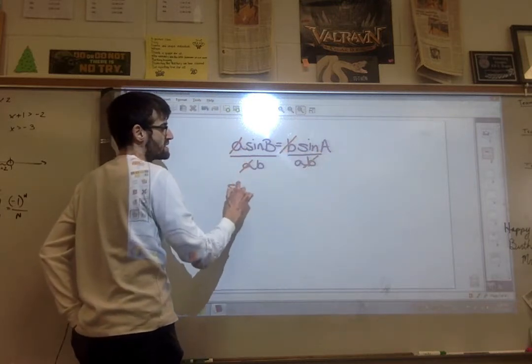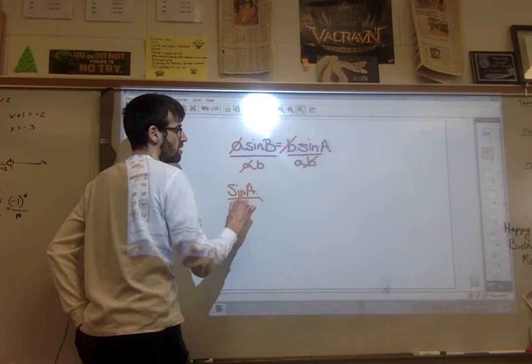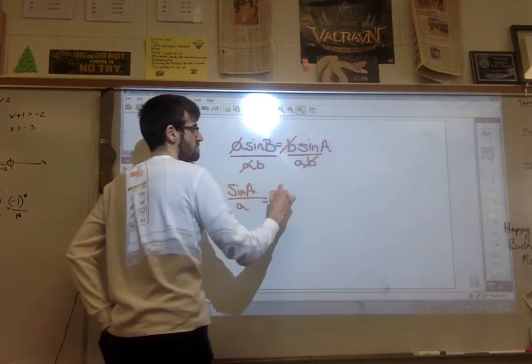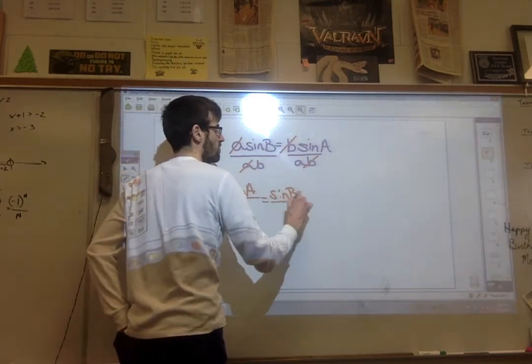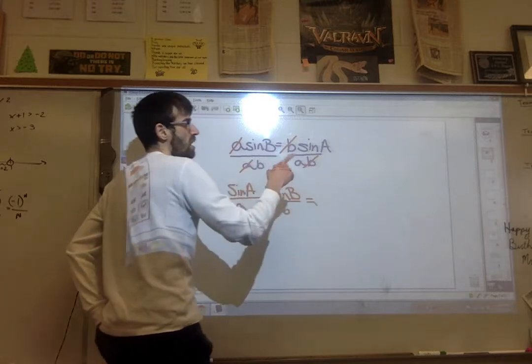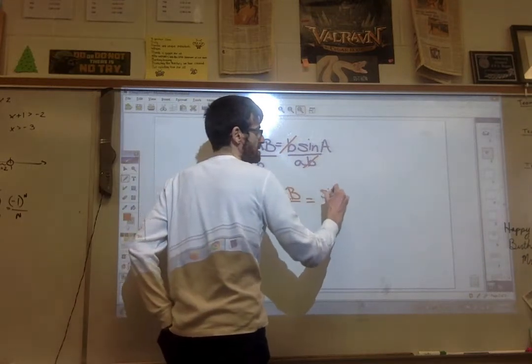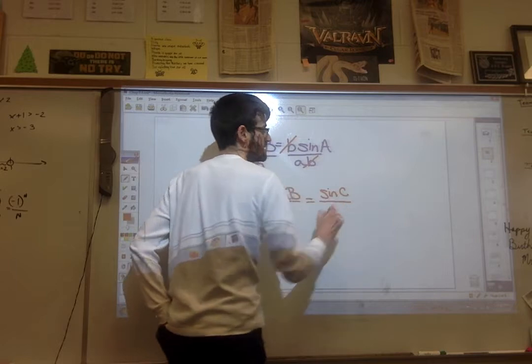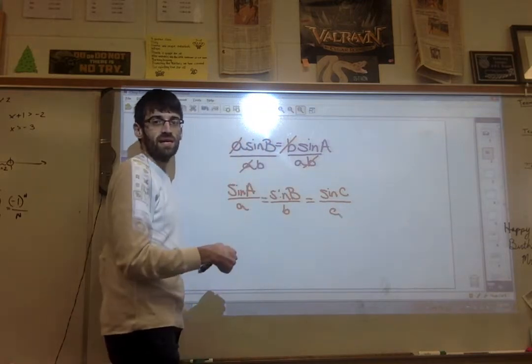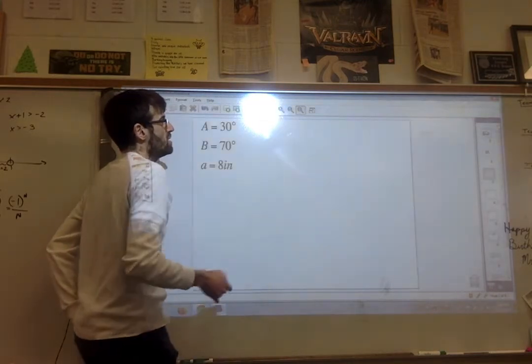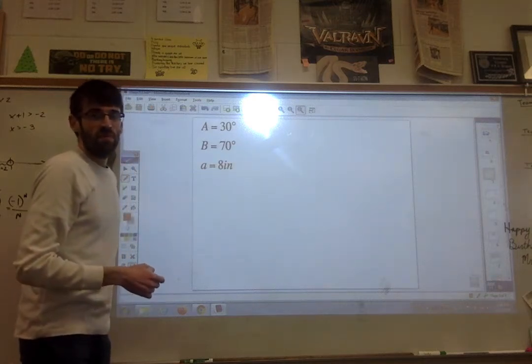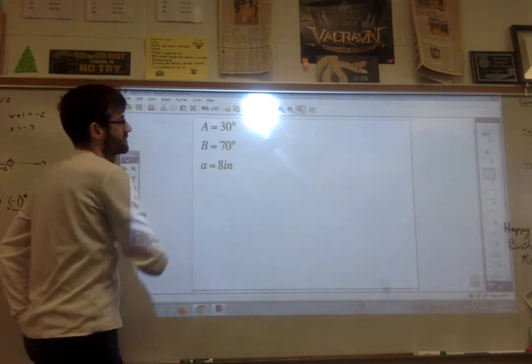I'm going to have that the sine of A over A equals the sine of B over B. And then likewise, I can set that the sine of C over C if I was given side C and angle C.